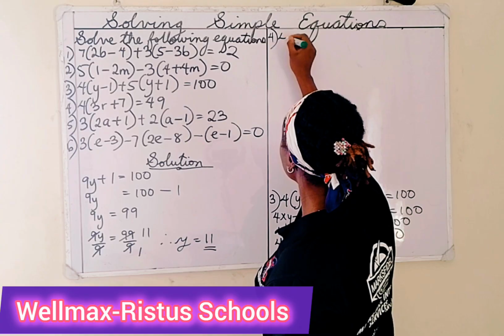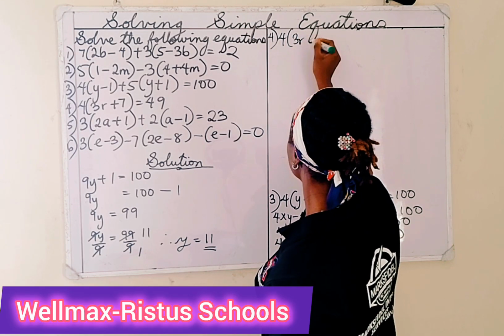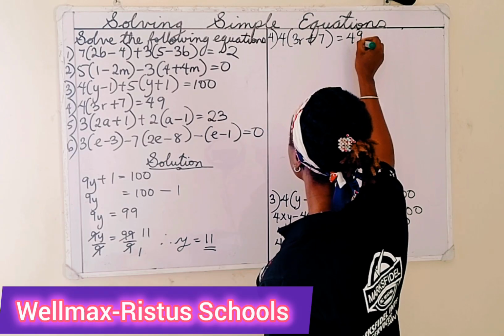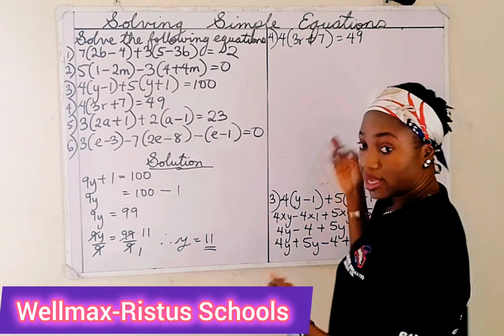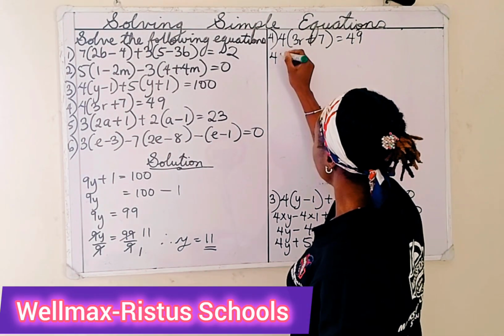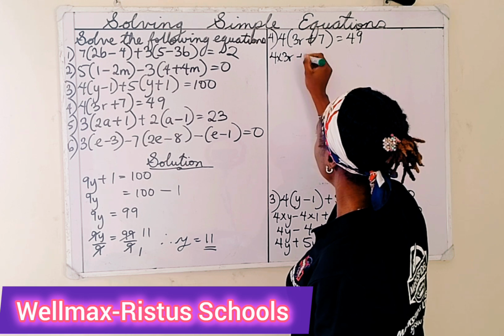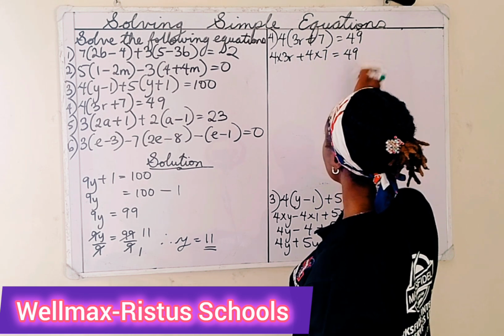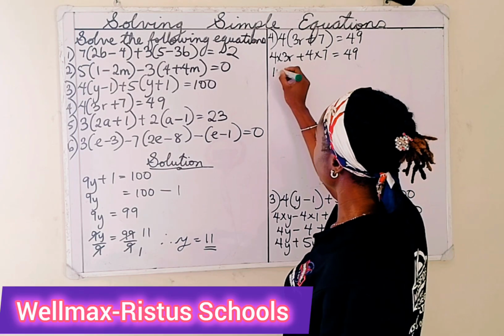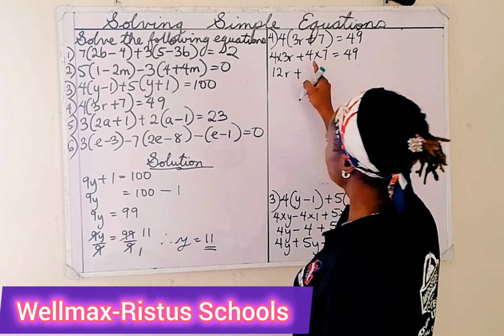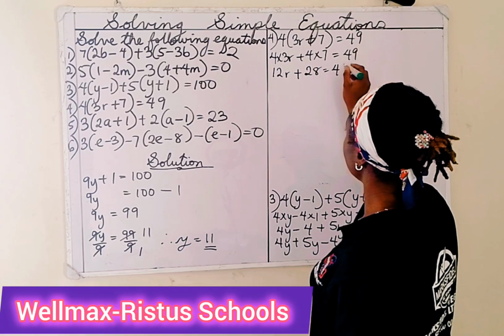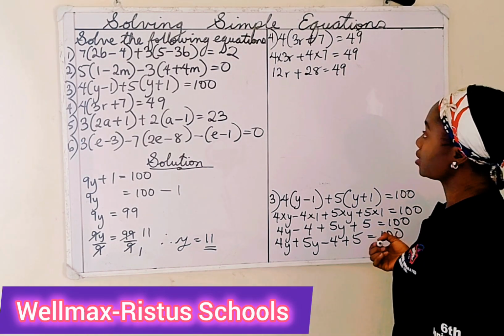We have 4 into bracket 3r plus 7 equals 49. So let's open the brackets. We have 4 times 3r plus 4 times 7 equals 49. 4 times 3r, that's 12r, plus 4 times 7 is 28, equals 49. Right?